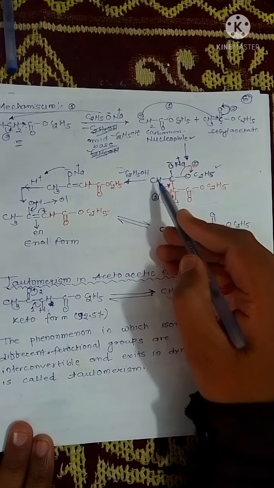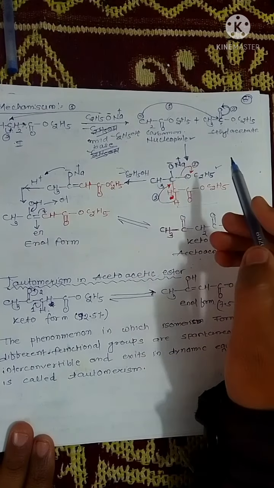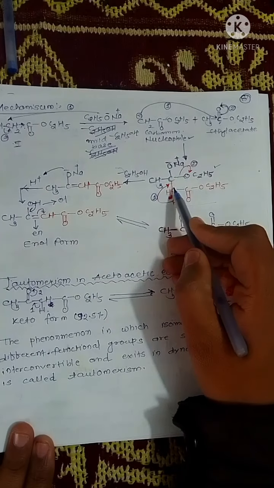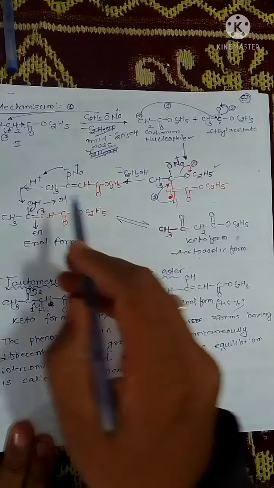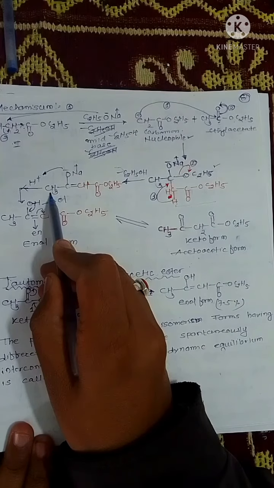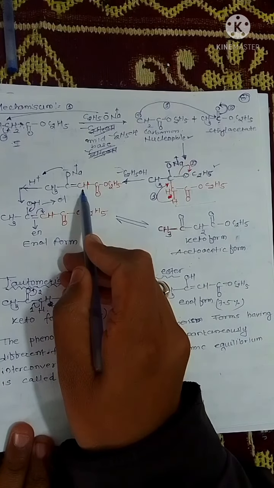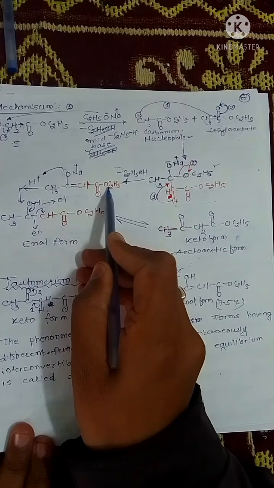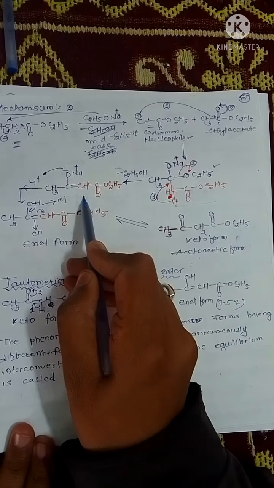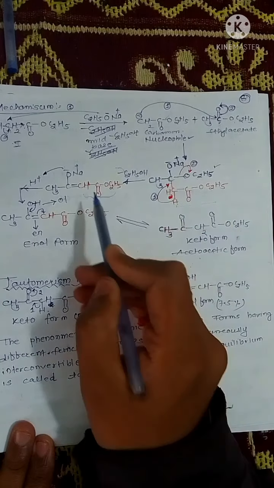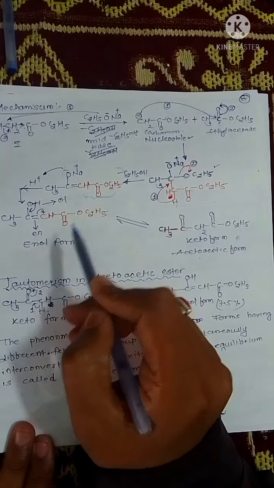That is, ethyl alcohol goes away during this reaction. So this carbon and this carbon form a double bond. Just see here, CH3CO negative Na plus, double bond CH, C double bond O, OC2H5. Remember that this portion, the red color side portion, comes from the second molecule of ethyl acetate.